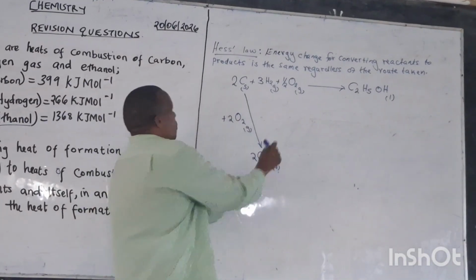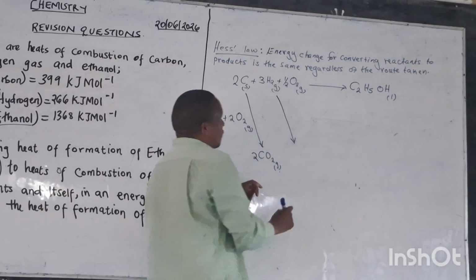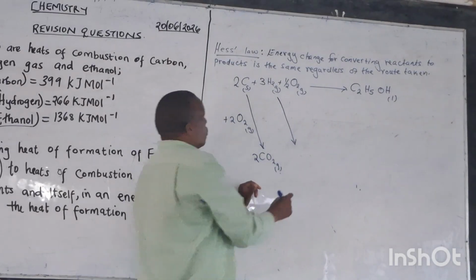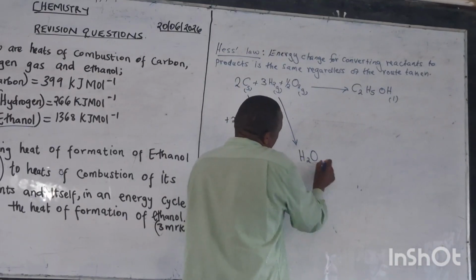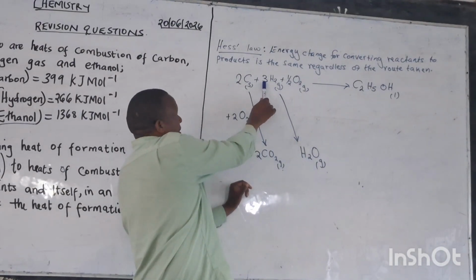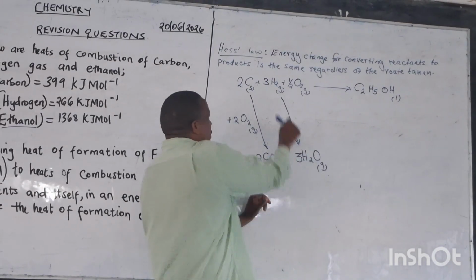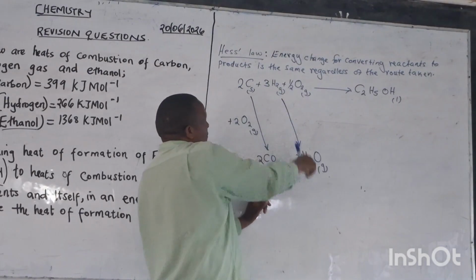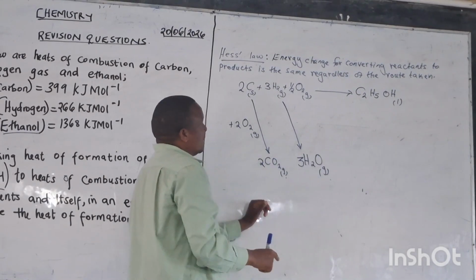Okay? Now, when you burn hydrogen, combustion of hydrogen, what do we produce? We produce steam or water. So this is steam being produced. How many molecules of hydrogen did we burn? There are 3. So the product here should also be 3. So when you write 3 here, it does not only affect hydrogen, but it also affects oxygen.